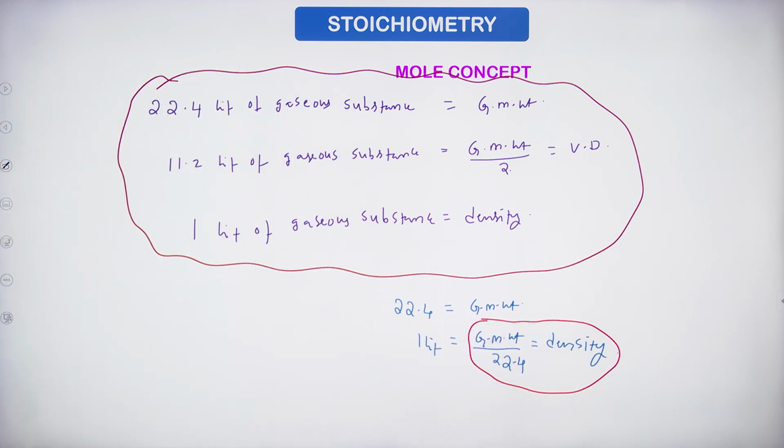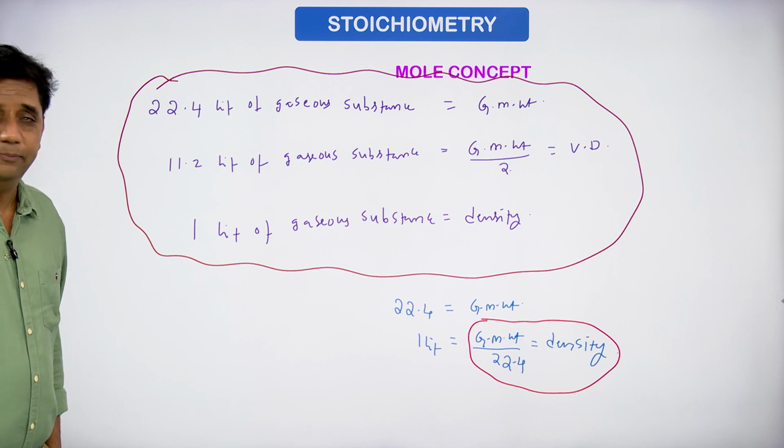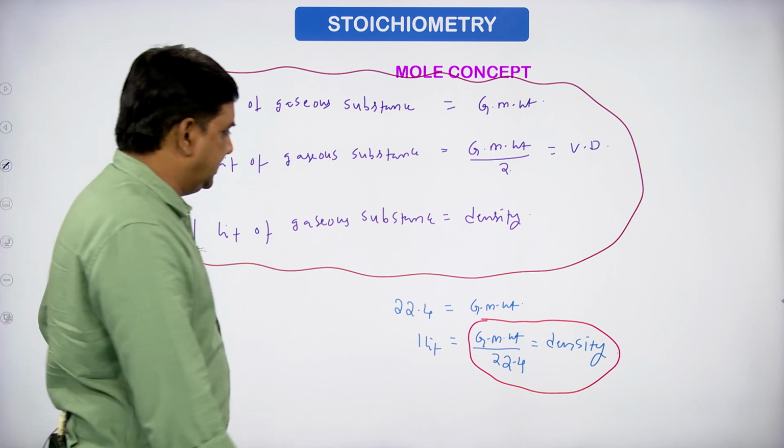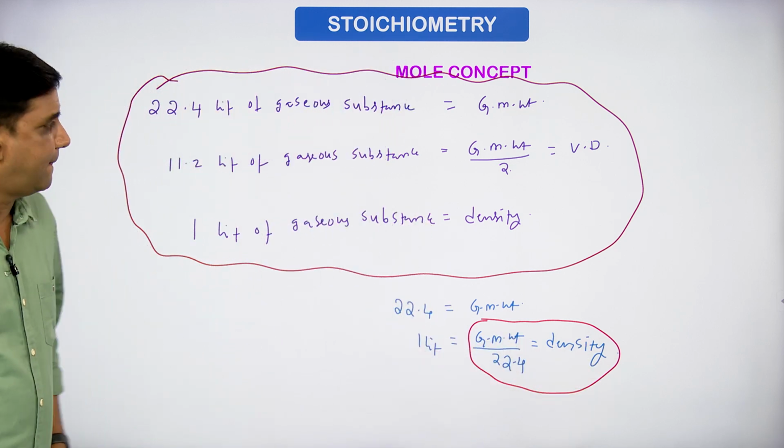So density is equal to gram molecular weight by 22.4. That will give the value of the density.